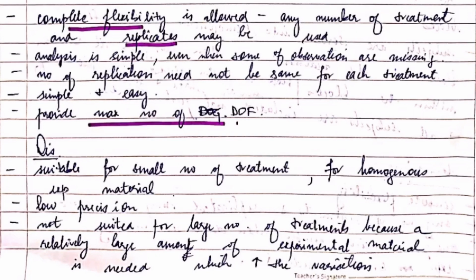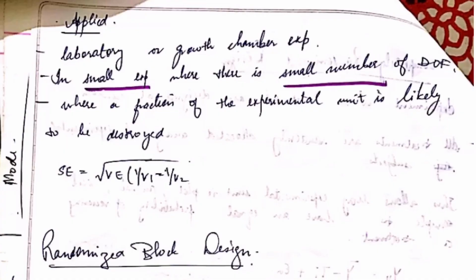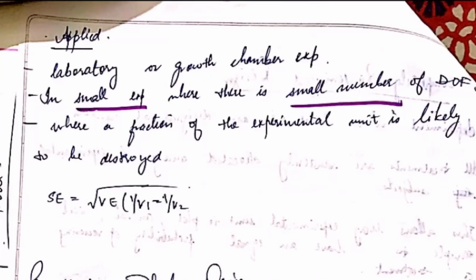This completely randomized design can also be applied in laboratory or growth chamber experiments. The standard error is calculated as the square root of the error variance, where R1 and R2 are the numbers of replications. This design is useful for pot cultures.